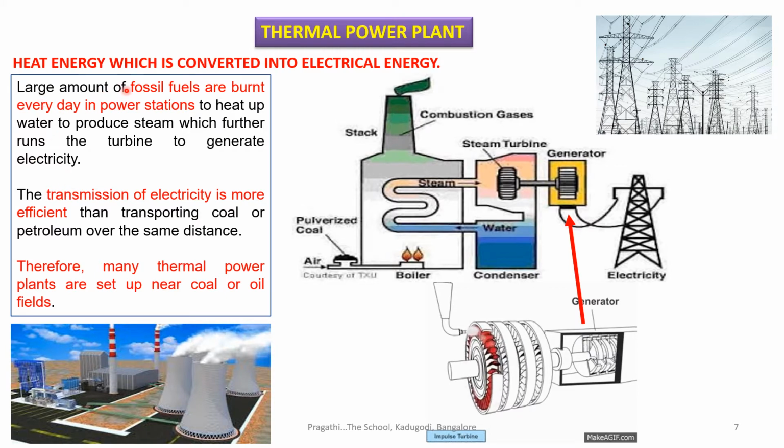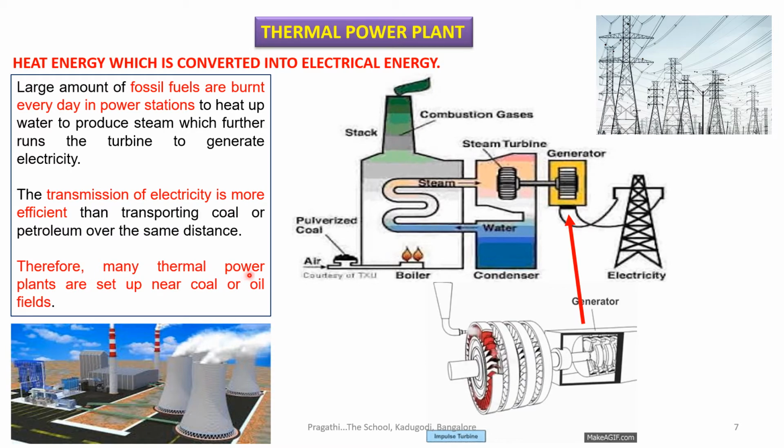See, a large amount of fossil fuels are burned every day in power stations to heat up water to produce steam, which further runs the turbine to generate electricity. Just now we have seen the same thing here, right? The transmission of electrical energy is more efficient than transporting coal or petroleum over the same distance. We can use wires to transport electricity from one region to another region, and it is very easy and cheap.